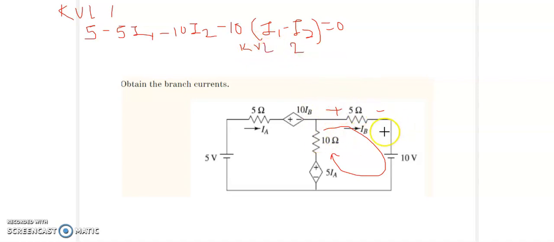Starting with this 5 ohm resistor, the drop across it will be minus 5 IB, or I2. Then coming to this voltage source, the short line is over here, so it will be minus 10.